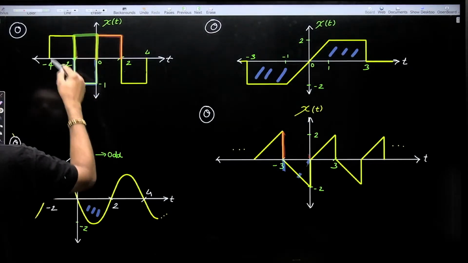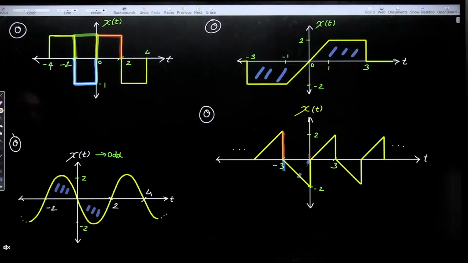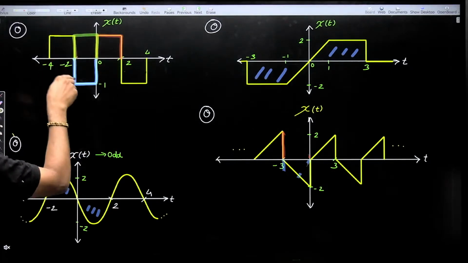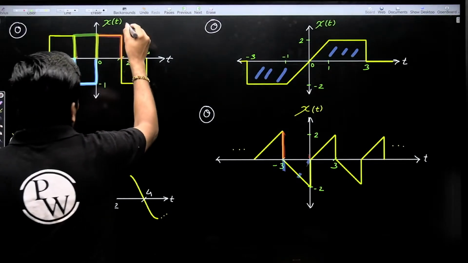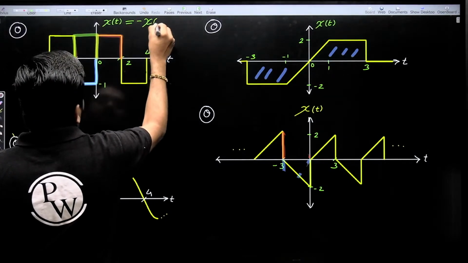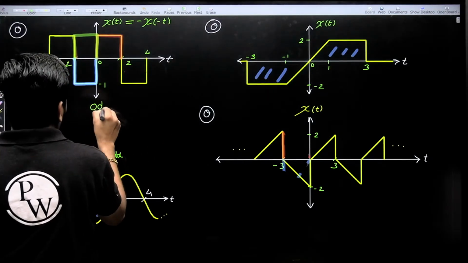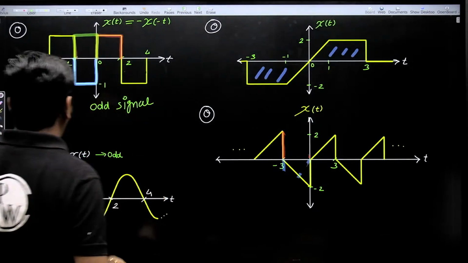The next folding with respect to x axis, amplitude reversal, and it is overlapping the original signal. This is x of t, this is x of minus t, and this is minus x of minus t. So overlapping with the original signal. That's why this is odd signal, correct? Odd signal. Are you getting?